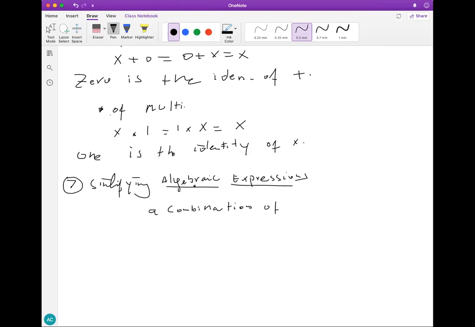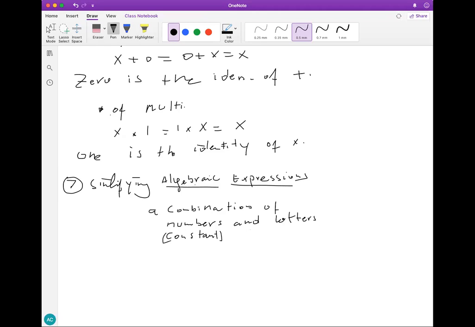That's all an algebraic expression is, a combination of numbers and letters, or variables. Another name for numbers is constants, because they don't change. The value of a number is constant, so we call them constants.